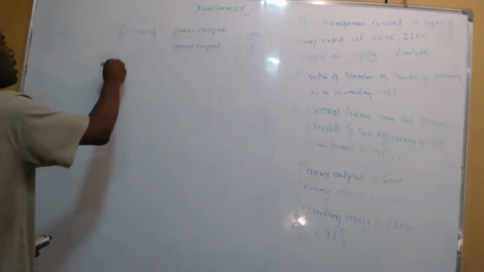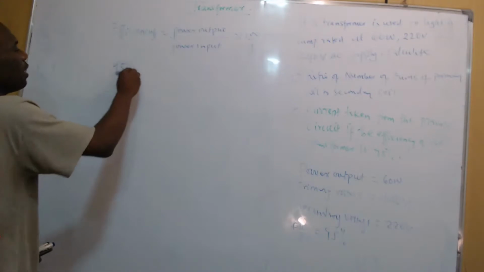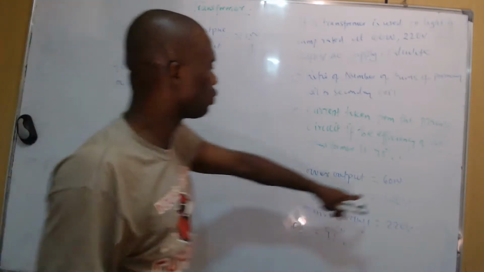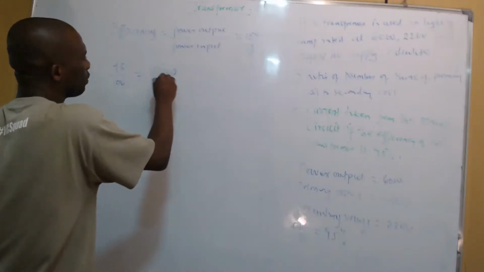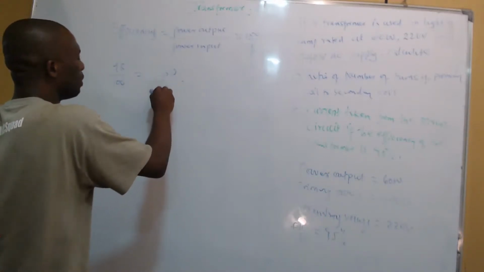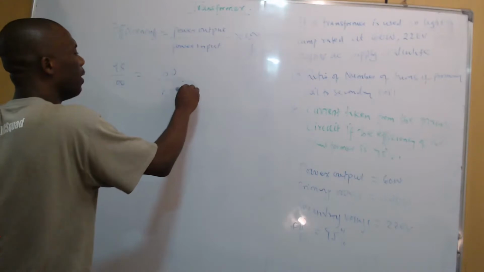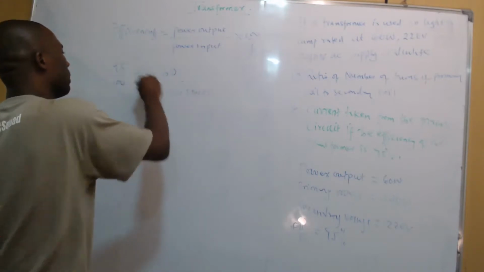Our efficiency was 95. 95 over 100 is equal to power output, which was 60 watts, all over power input. So we cross multiply.